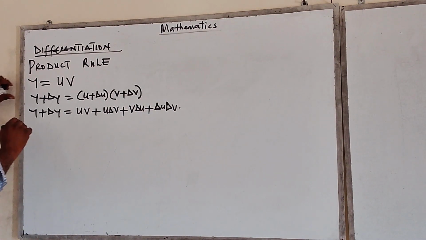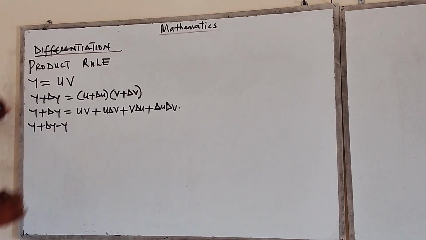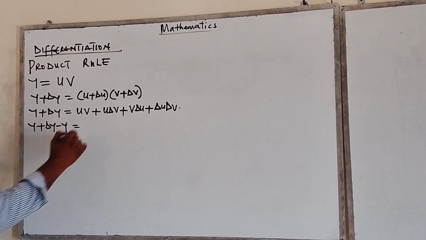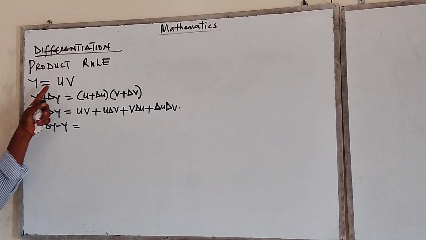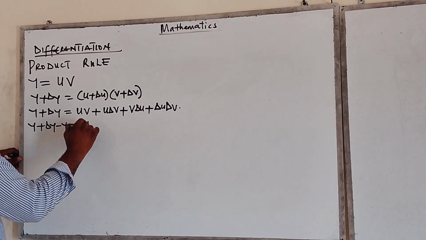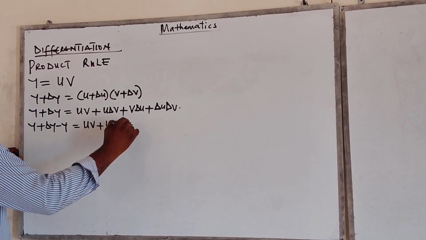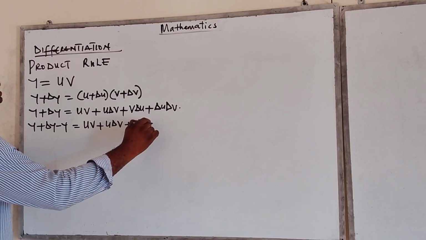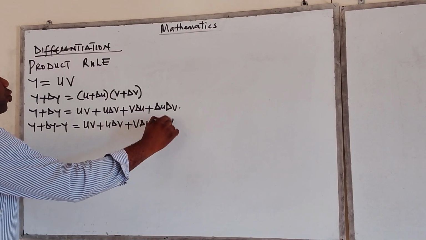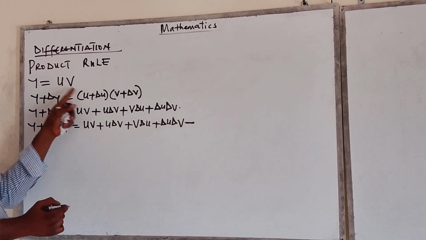So here, let's look at y plus delta y minus y. Now remember we said the value of y is uv. So it means here we have uv plus u delta v plus v delta u plus delta u delta v minus uv.